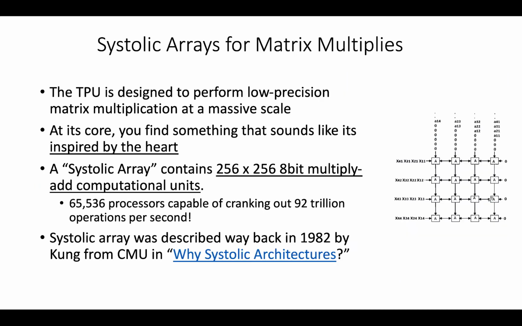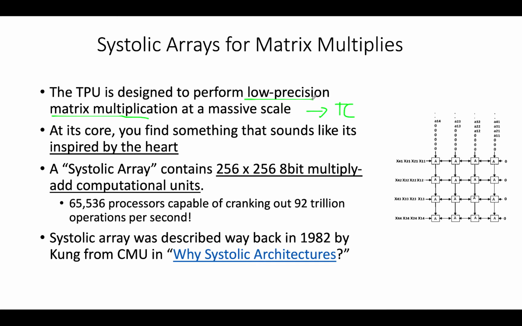The TPU is designed to perform low precision matrix multiplication at a massive scale. In this sense, they are very similar to NVIDIA Tensor Cores, because they perform matrix multiplication in one clock cycle, and they do that in low precision.